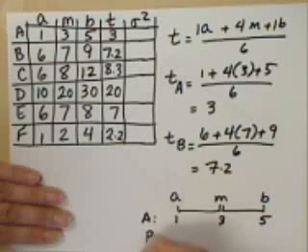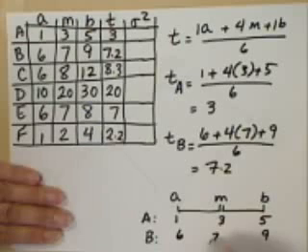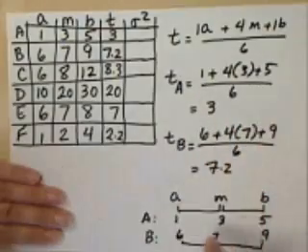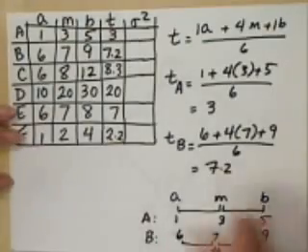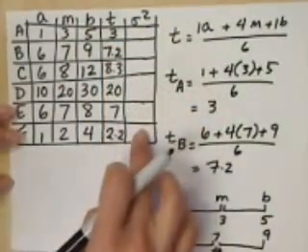But for activity B, we have 6, 7, and 9. This distance and this distance are not equal, so you cannot use that rule, and you have to use this formula for activity B.